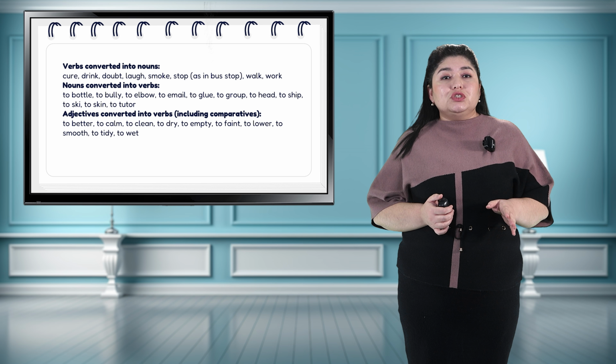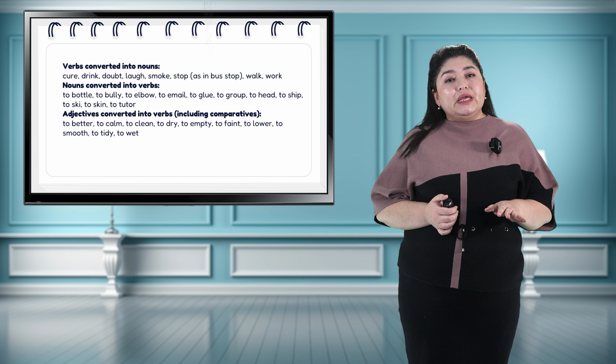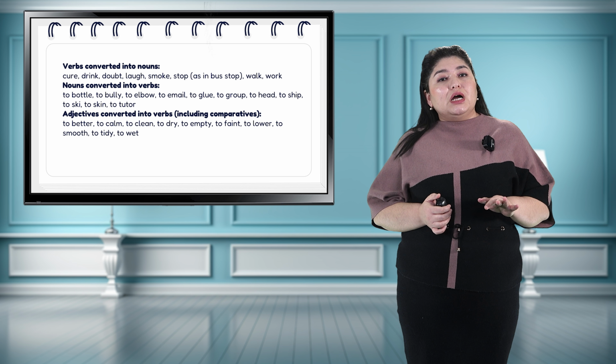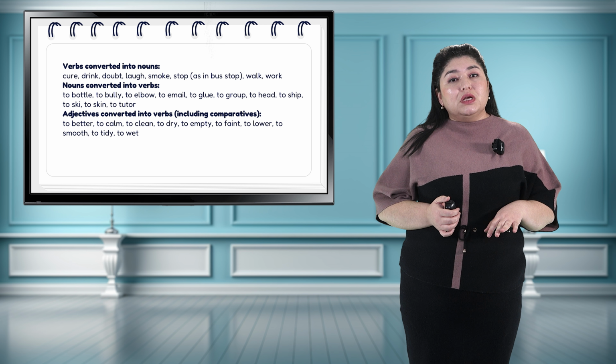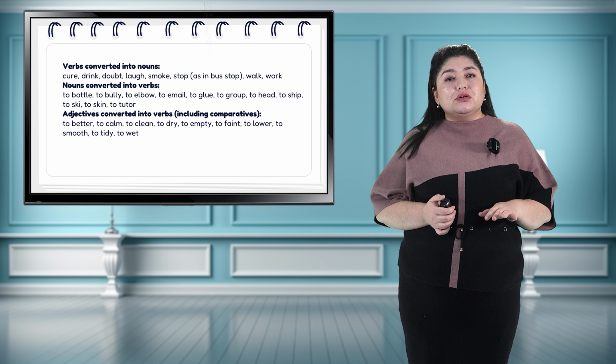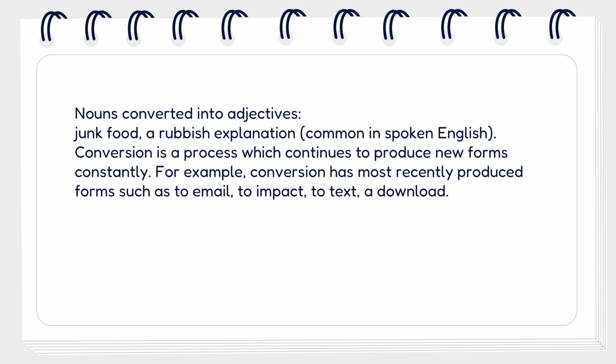Nouns converted into verbs, for example, to bottle, to elbow, to email, to glue, to water, or to sky, or to ship, and so on. Adjectives converted into verbs: to better, to calm, to clean, to dry, to empty, and so on. Nouns converted into adjectives: junk food, a rubbish explanation.